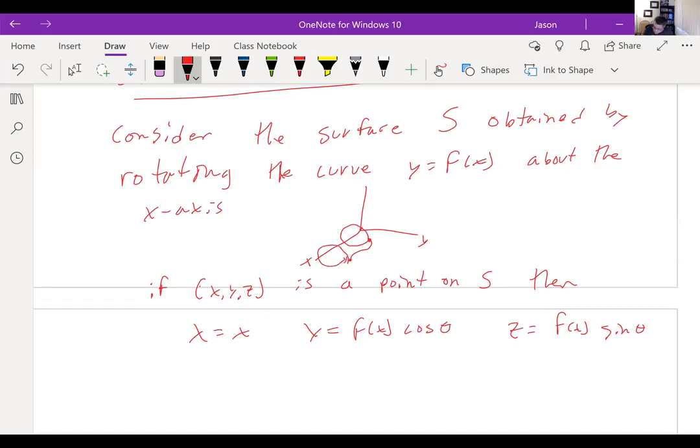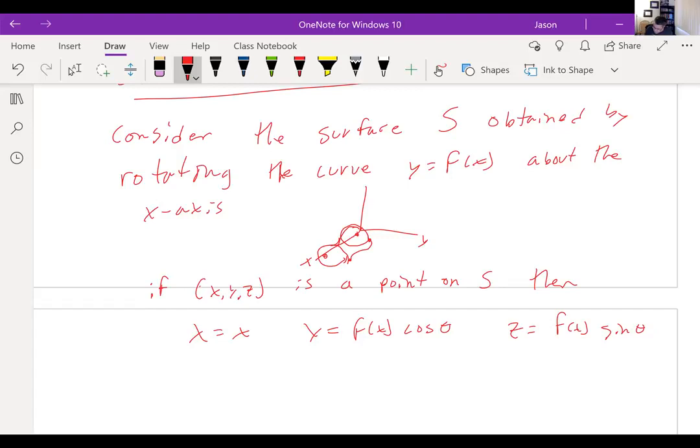So we get this kind of surfacey thing. We rotate it about the x-axis.